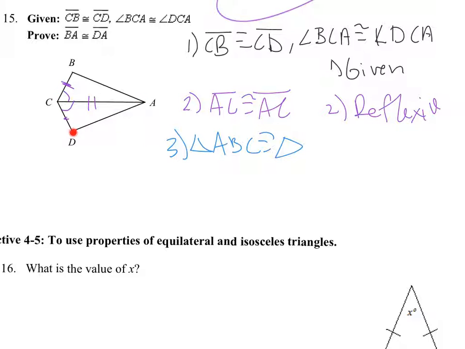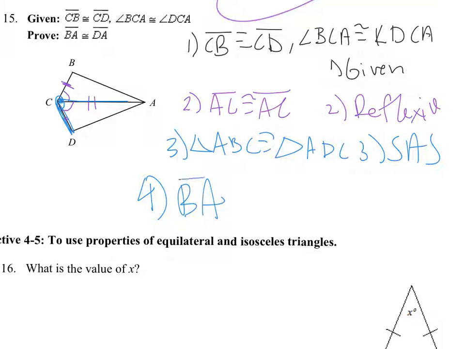So it had to be the same as A, D, C. And the reason why, again, if you look, we have a side, and then we have an angle, and then we have a side. So that'd be side, angle, side. And then we can say BA is congruent to DA.